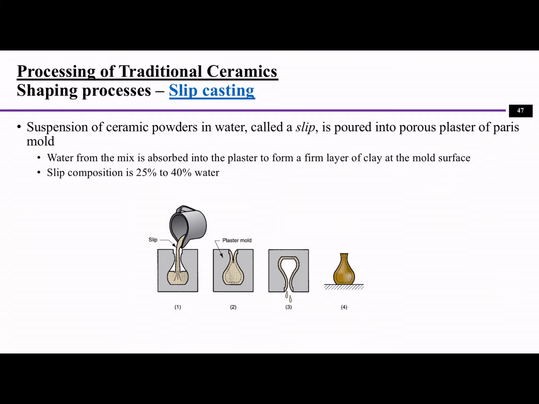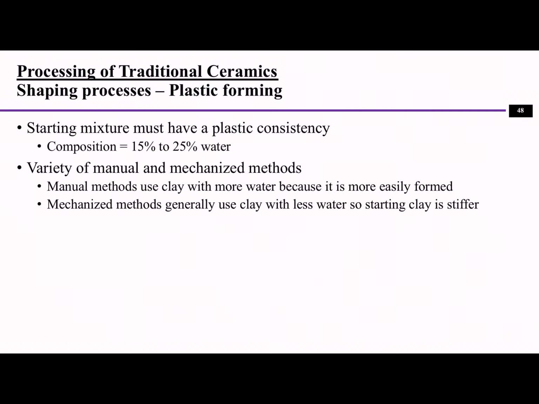Later we will form a shape the same as the mold. Usually the slip is 25 to 40% water. You can watch this video to see how others use slip casting to make the shape of a product or a vessel.